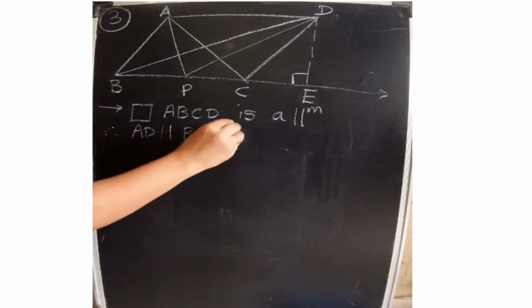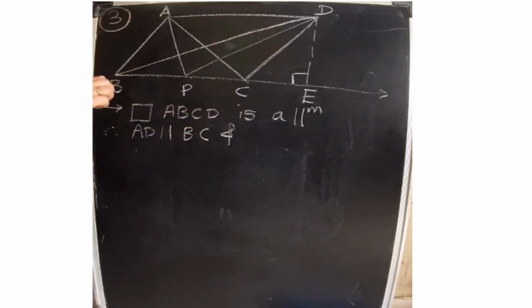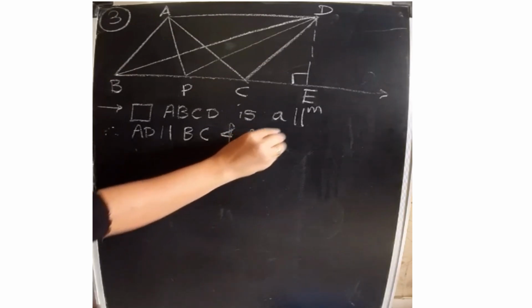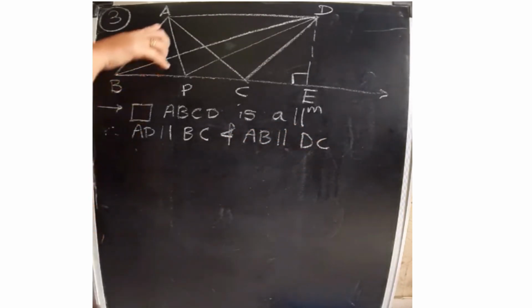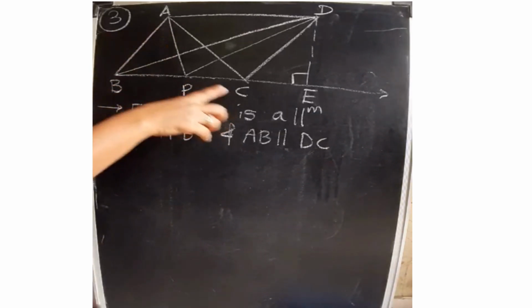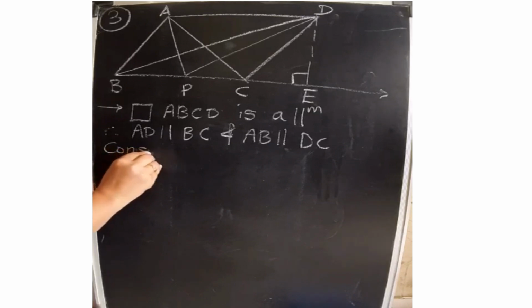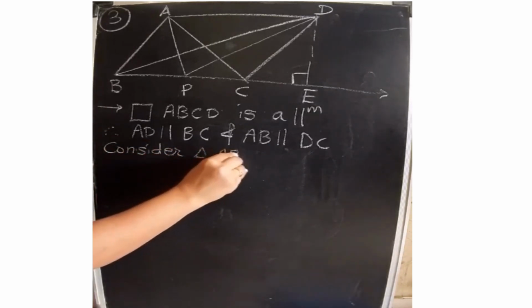The sides of a parallelogram are parallel to each other, and side AB is parallel to side DC. Now we have to find the triangles having equal areas, meaning the base and height of the triangles must be equal. So consider triangle ABC and triangle BDC.